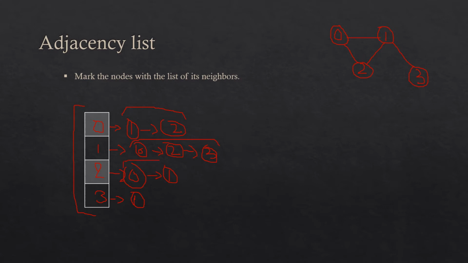These are nothing but linked lists. This is also a linked list, but it has just one node in it, but still it is a linked list. So adjacency list will store a list of pointers which stores its pointing lists.